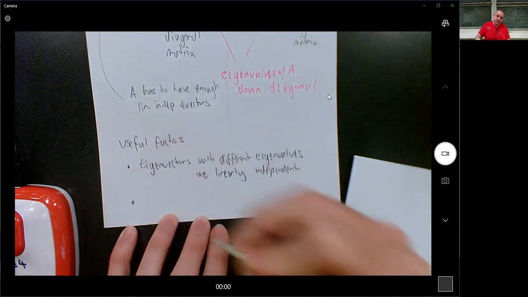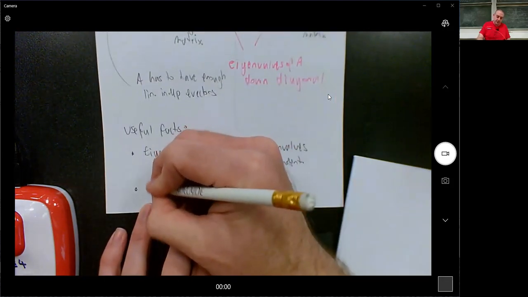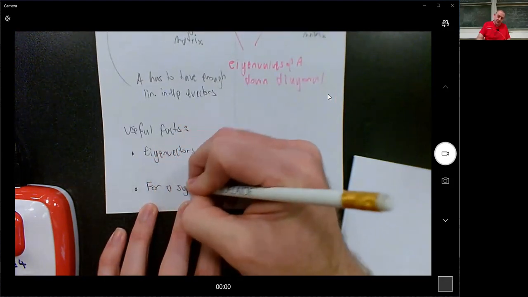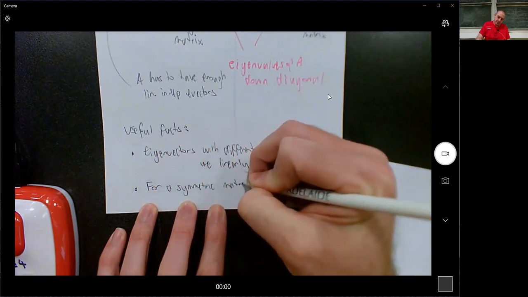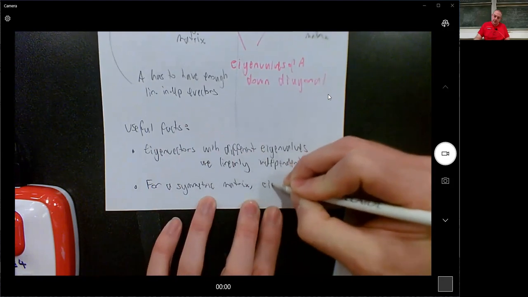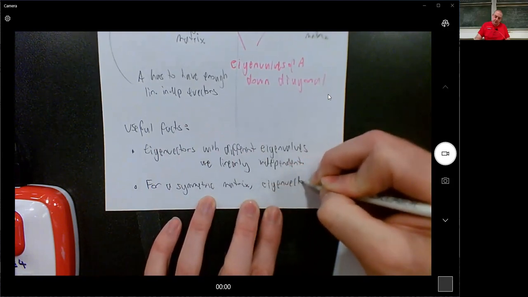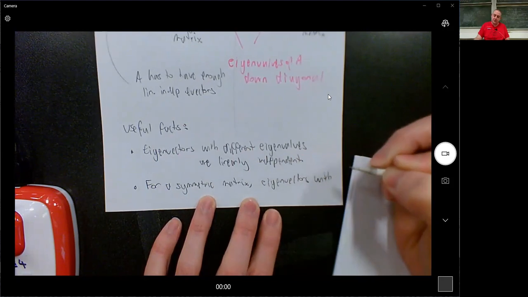And useful fact number 2: for a symmetric matrix, eigenvectors with different eigenvalues are orthogonal.